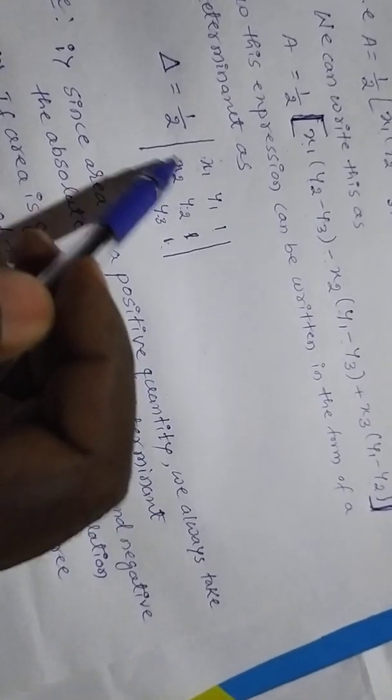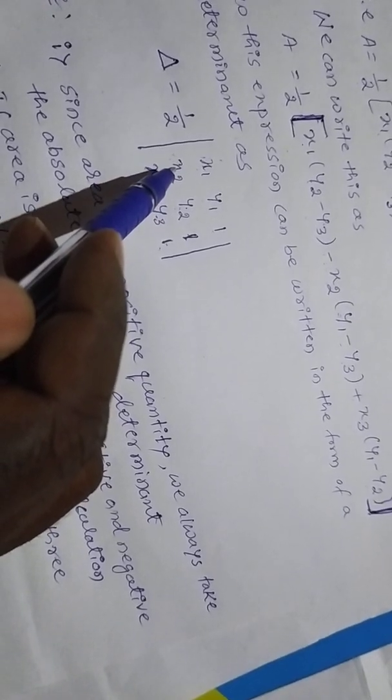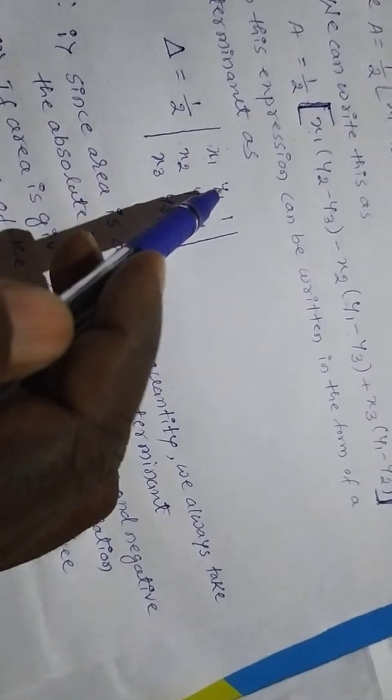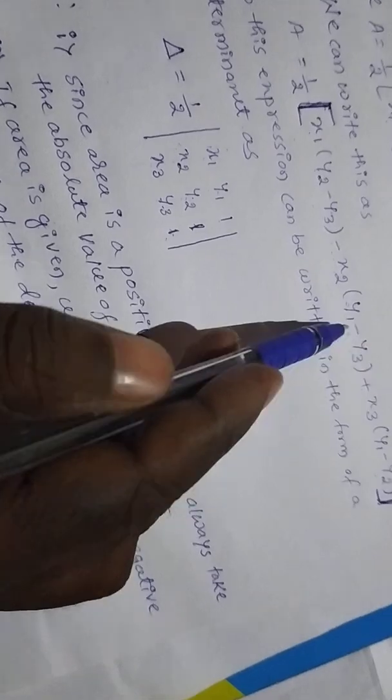Now this is minus x2. Delete all the elements in the row and column in which x2 exists. The remaining things are y1 1, y3 1, so y1 into 1 minus y3 into 1, that is y1 minus y3.